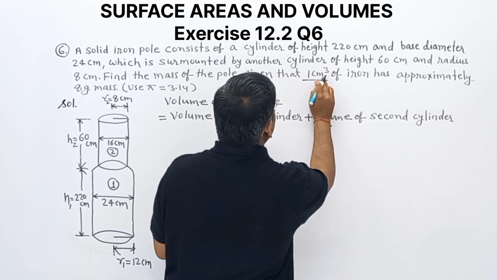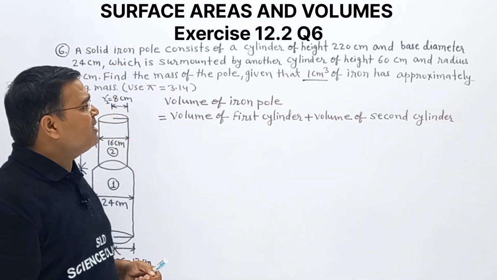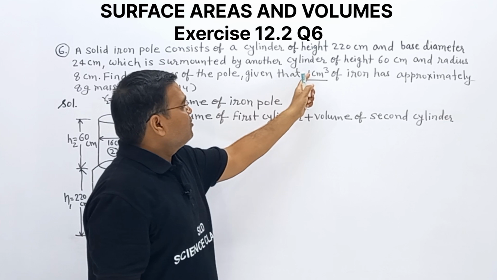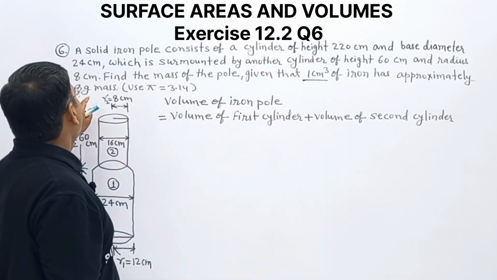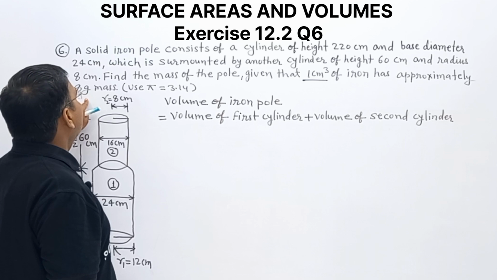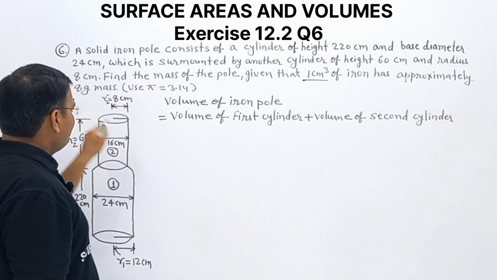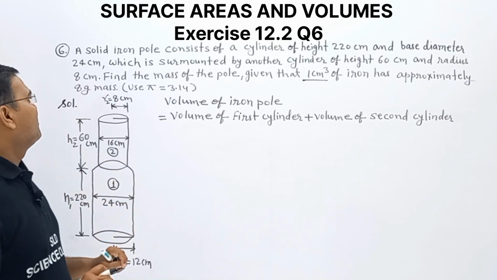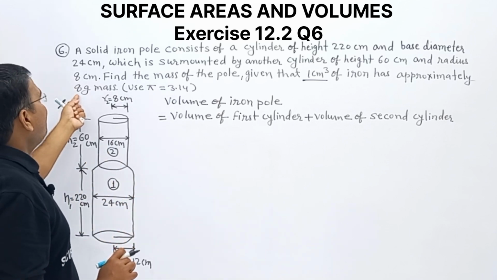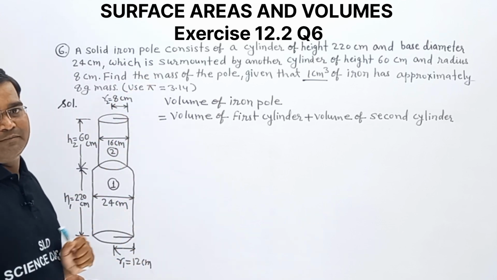Centimeter cube is the unit of volume. It means 1 centimeter cube volume of iron has mass 8 gram. Whatever volume of this solid iron pole we are having, that will be multiplied by 8, then we are getting the mass of this pole.